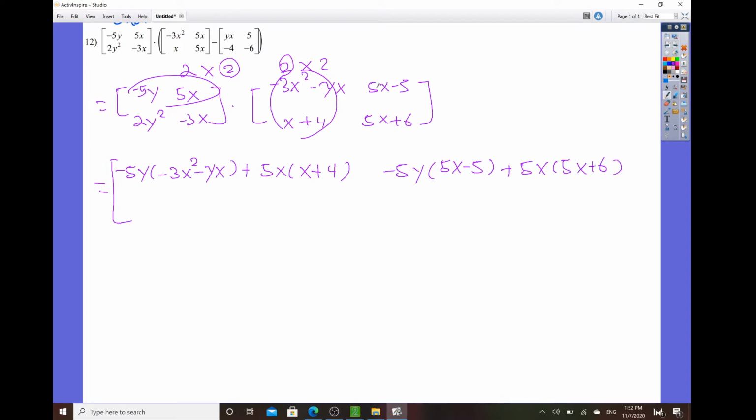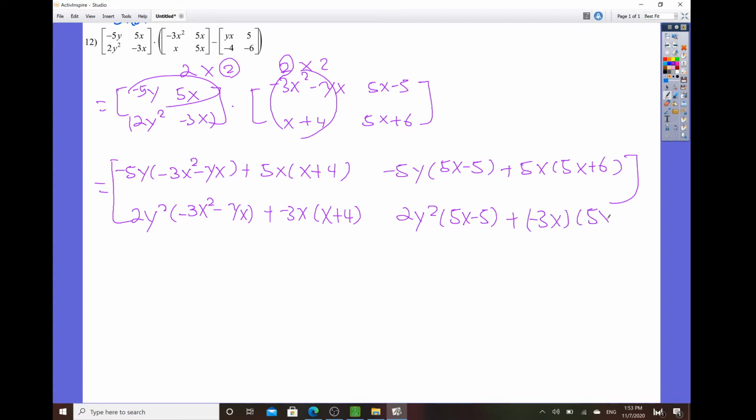Now for the second row: 2y squared times negative 3x squared minus yx, plus negative 3x times x plus 4. And the last entry, again row times column: 2y squared times 5x minus 5, plus negative 3x times 5x plus 6.